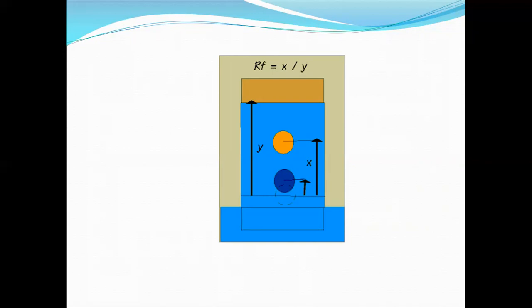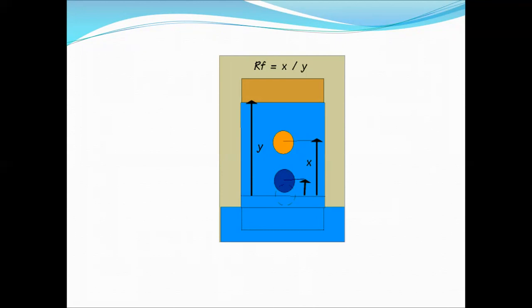The sample is kept 5 centimeters above the bottom and dipped in the mobile phase, and thereby the solvent rises along the adsorbent stationary phase. On that thin plate, a small drop is placed with a syringe.